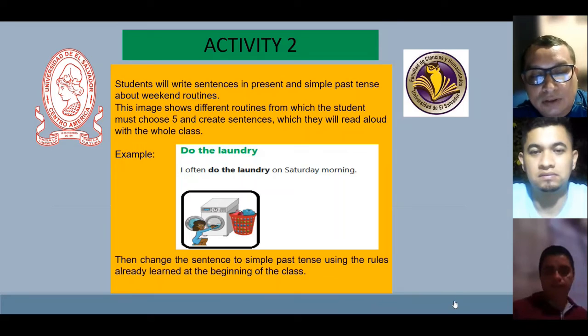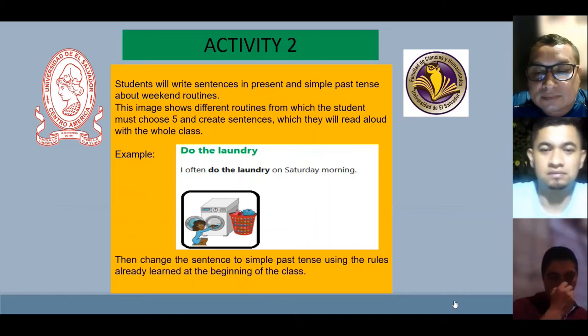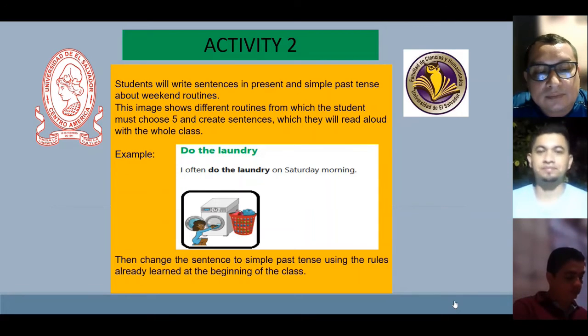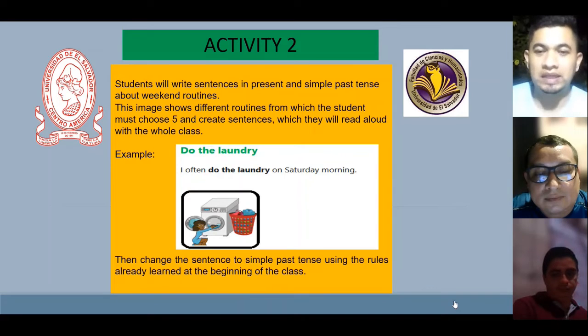I often do the laundry on Saturday morning. Juan Carlos, change the sentences to simple past tense, please. Okay. Maybe the last Saturday morning, I did the laundry.